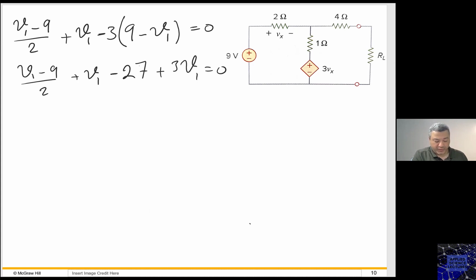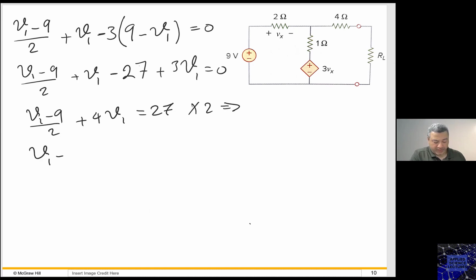So this is 4V1 here, so I have V1 minus 9 over 2 plus 4V1 equals 27. Multiply by 2, I have V1 minus 9 plus 8V1 equals 54, right?